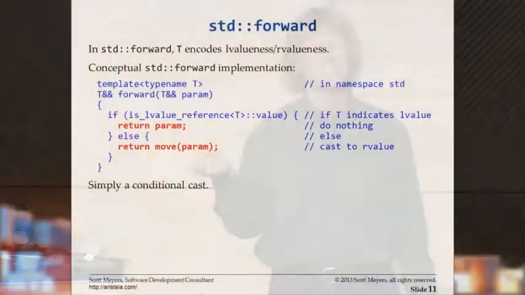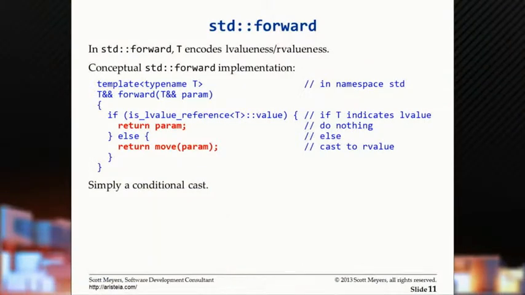So what forward conceptually does is, first it says, okay, the type T, if it's an L value reference, which is the magic way that it says that what was originally passed in was an L value, then great, then just return param. Notice return param does nothing to it. No operation is performed.